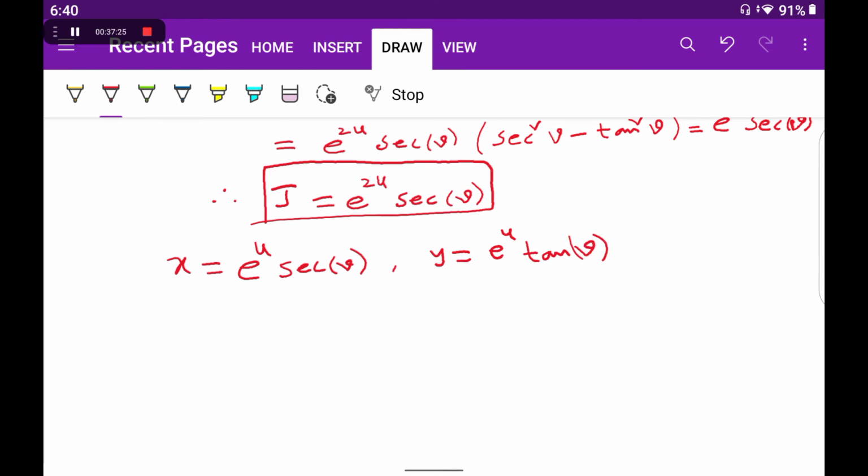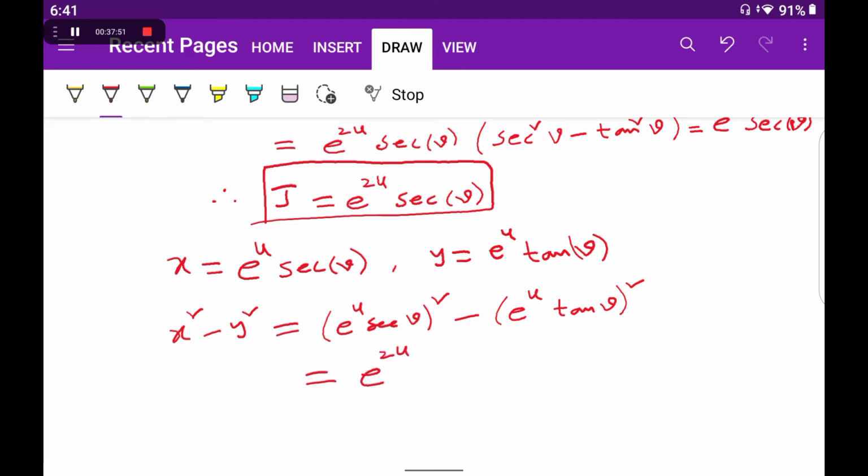From this we have to find u and v, right? So how to find? We know the formula secant square v minus tan square v is 1. So you consider x square minus y square: e power u secant v whole square minus e power u tan v whole square.